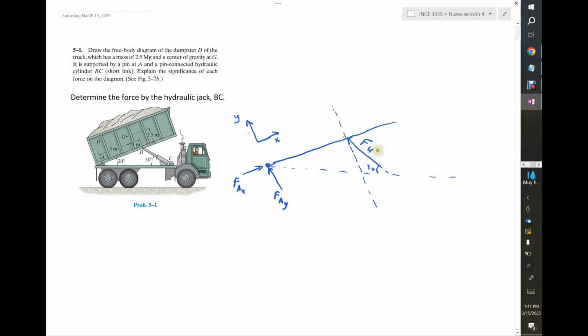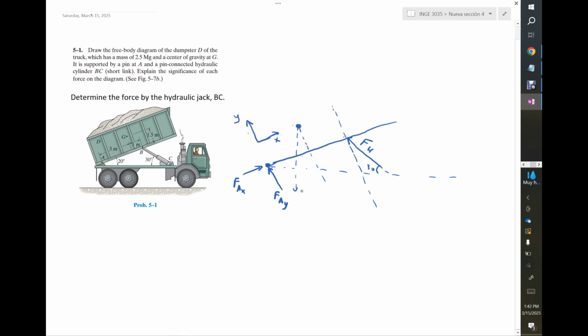That gives us an idea of what's happening in the bar. Now the question is, what's happening with the G here? On G, let's draw another vertical line against this one, and let's say that G is somewhere here, and G is acting down as always, gravity.